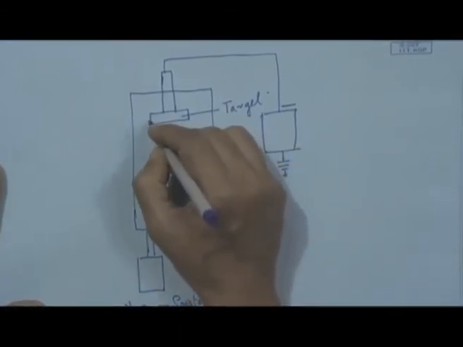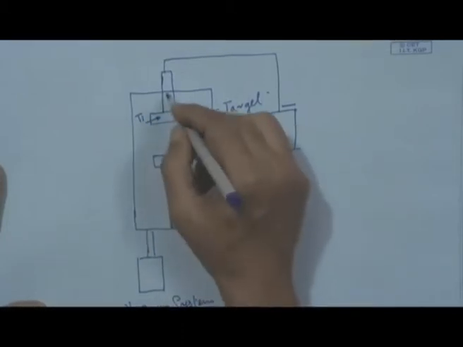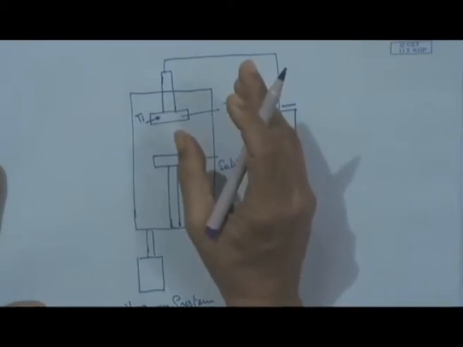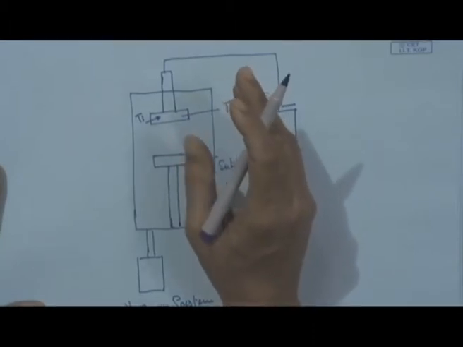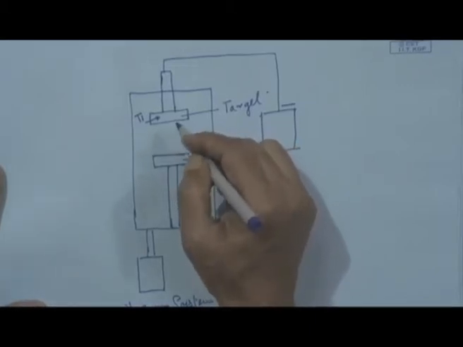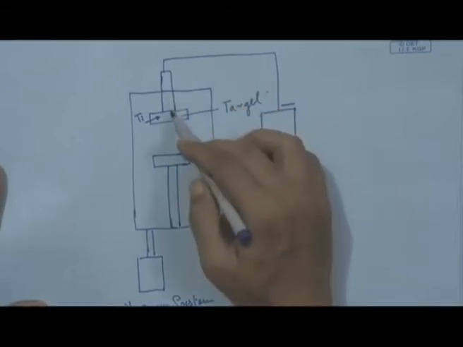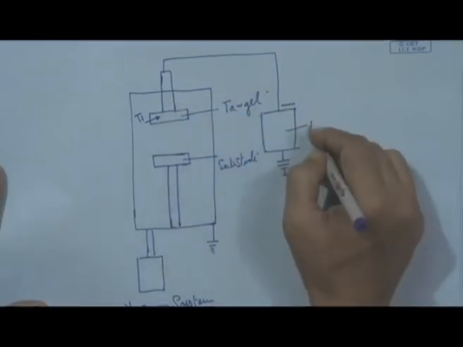Say, for example, this is a titanium target, that means basically a titanium disc or plate having a cylindrical or rectangular surface, and this is the negatively polarized target with this power supply.